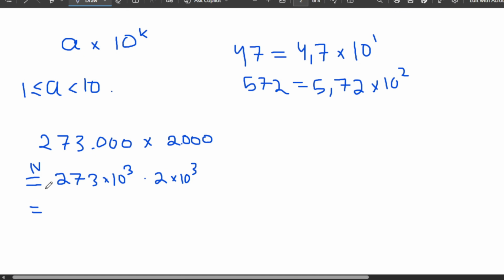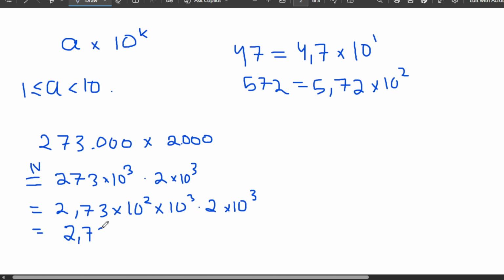Now, this will be what? 2.73 times 10 to the power of 2, right? And then times 10 to the power of 3 times 2 times 10 to the power of 3. And what will be the result of this? 2.73 times 10 to the power of 2 times 10 to the power of 3.